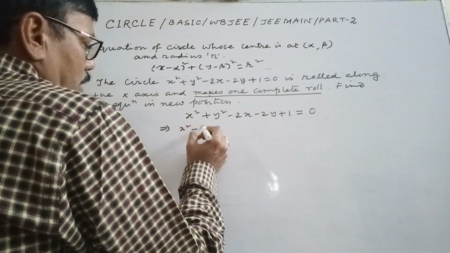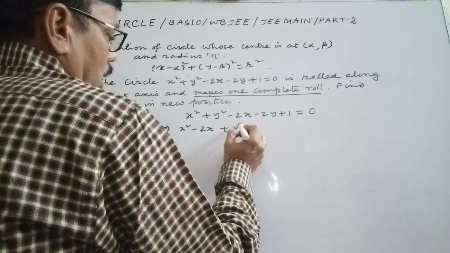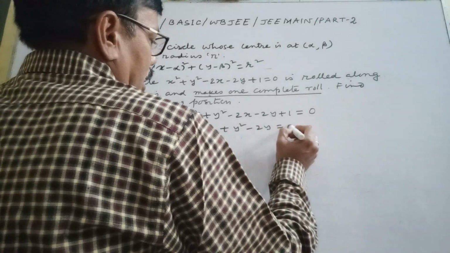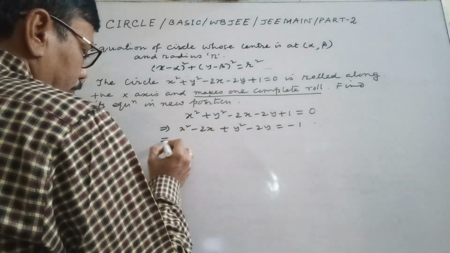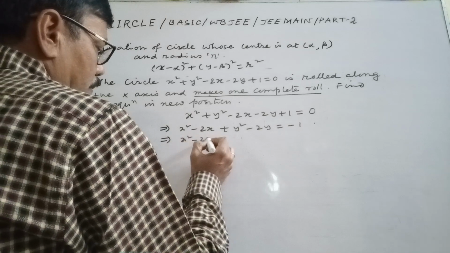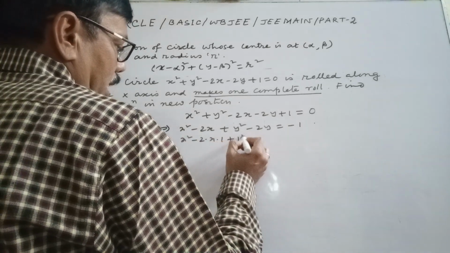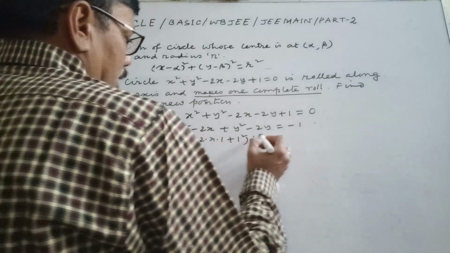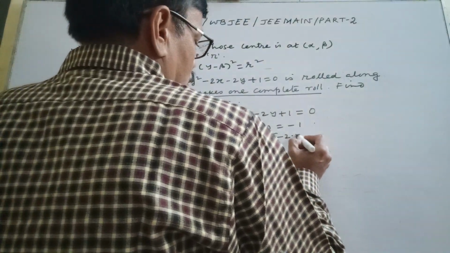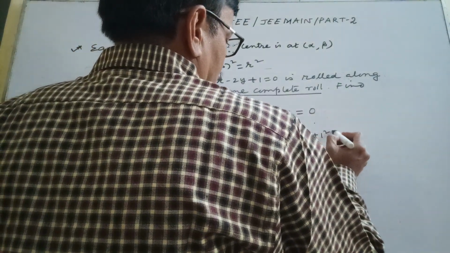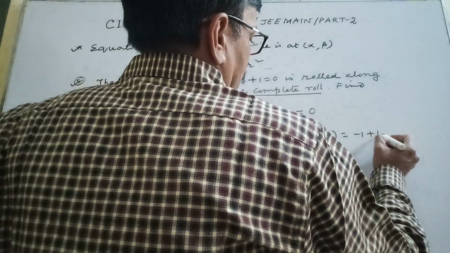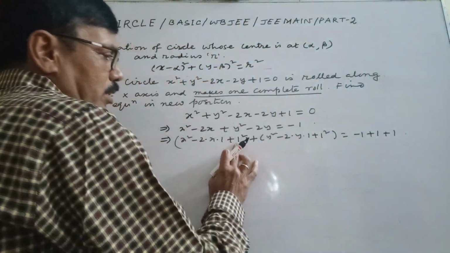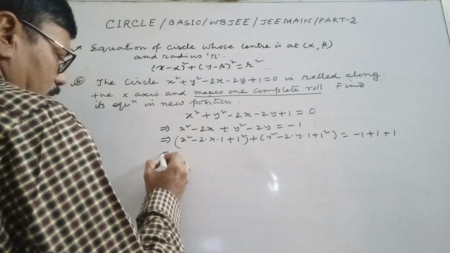Now x square minus 2x, y square minus 2y equals minus 1. To make it a perfect square, you have to add 1 square. Y square minus 2 into y into 1 plus 1 square. To balance it, this is plus 1, this is plus 1.